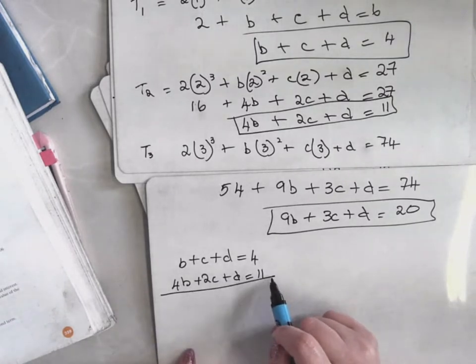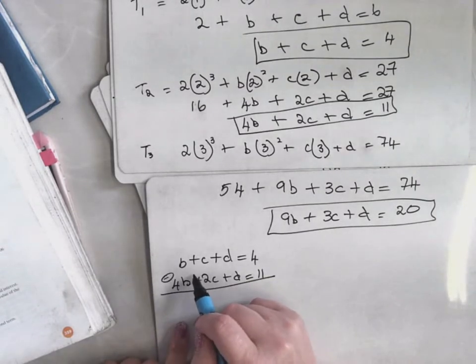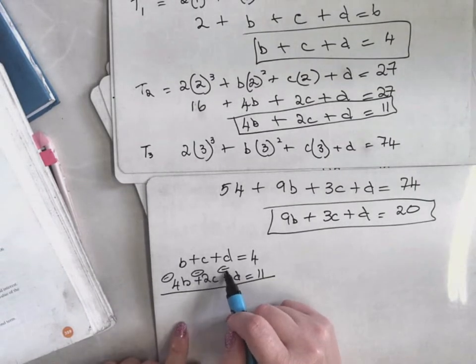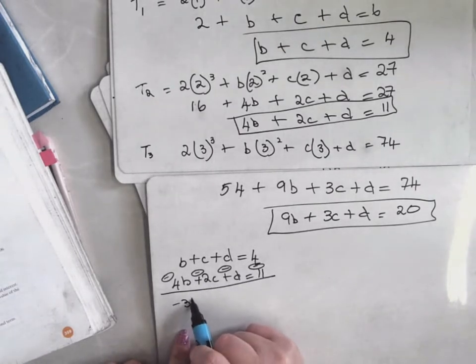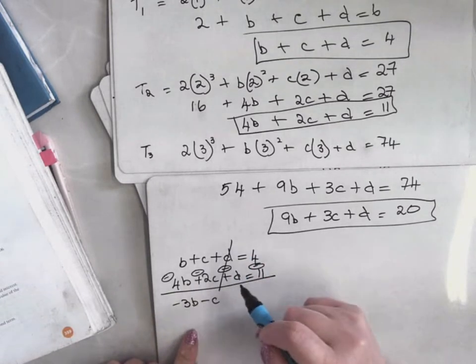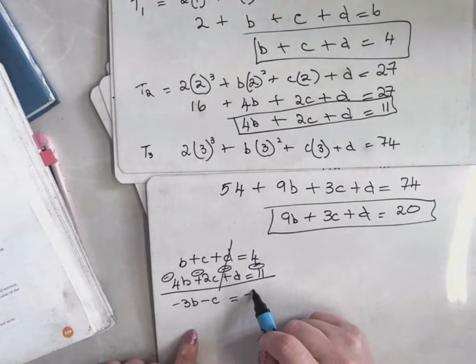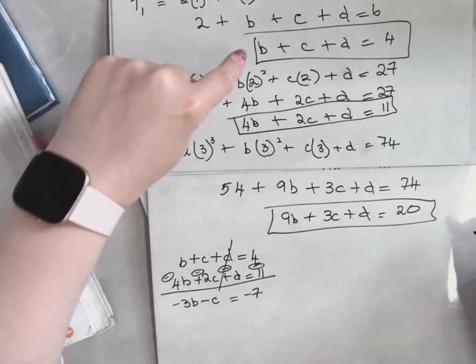I can make the D's cancel by just changing the sign. So I'll change the sign at the bottom line. So I get minus 3B minus C, D's cancel, 4 minus 11 is minus 7. Okay, there's the next one for the next step.